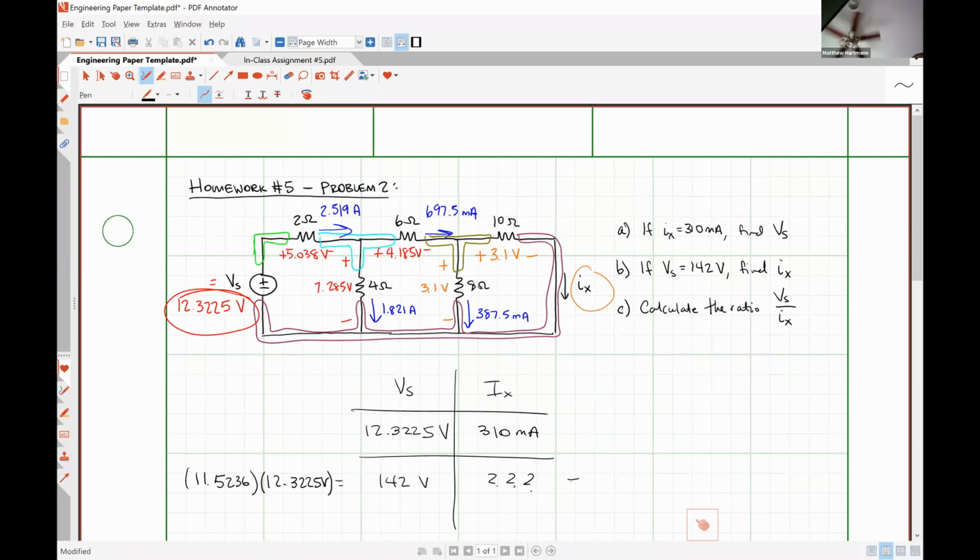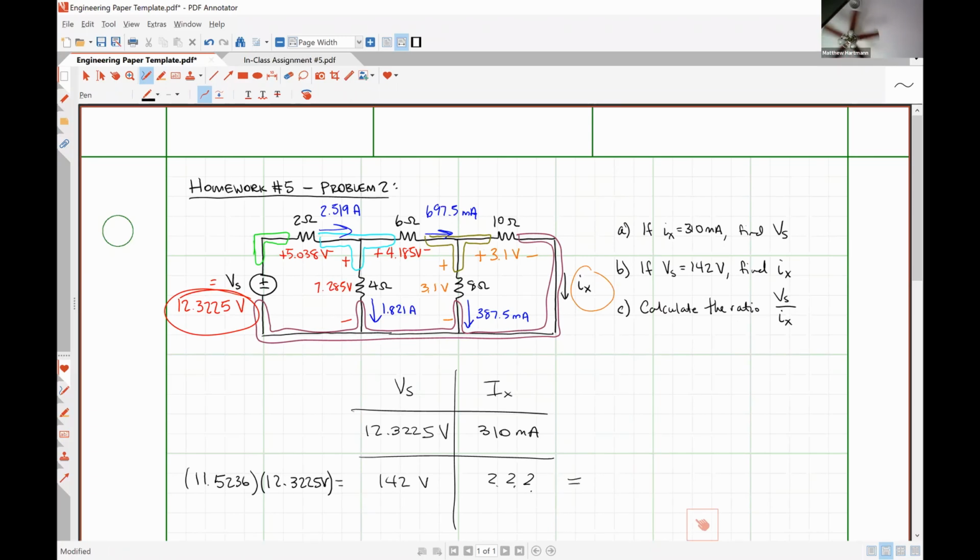Since we have a linear circuit, the current observed when our voltage is 142 volts should just be 11.5236, et cetera, times our 310 milliamps.